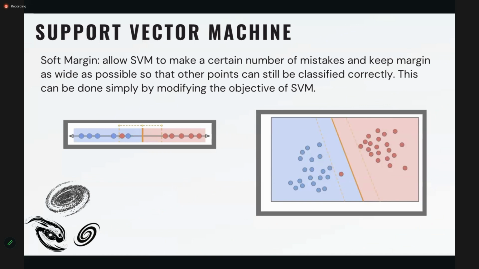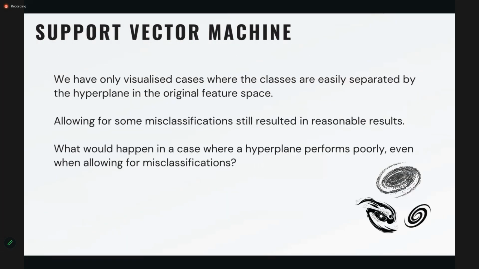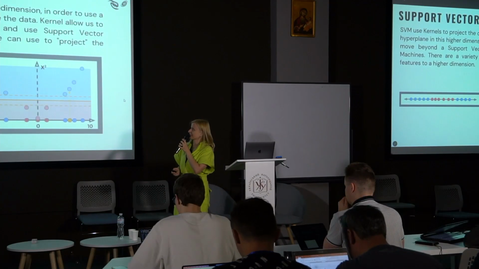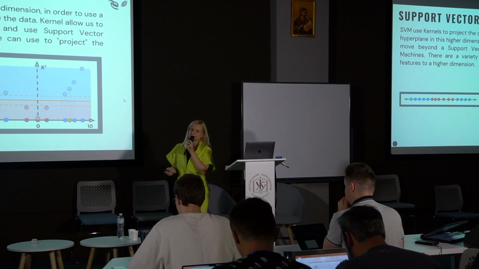This can be done simply by modifying the objective of SVM. Here we can see an easy example where we can easily separate the classes. But if in this example we cannot easily separate them, in a support vector machine, you can use a kernel.